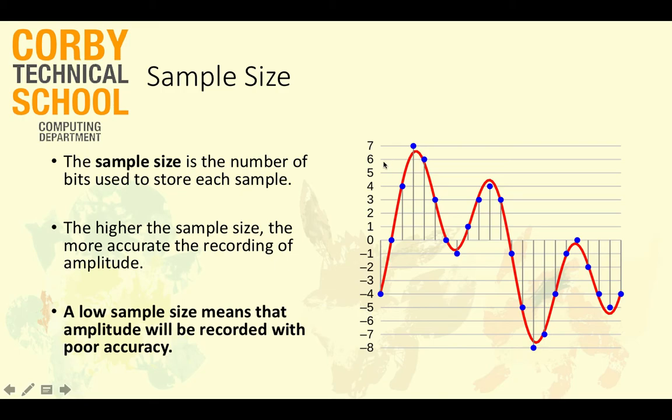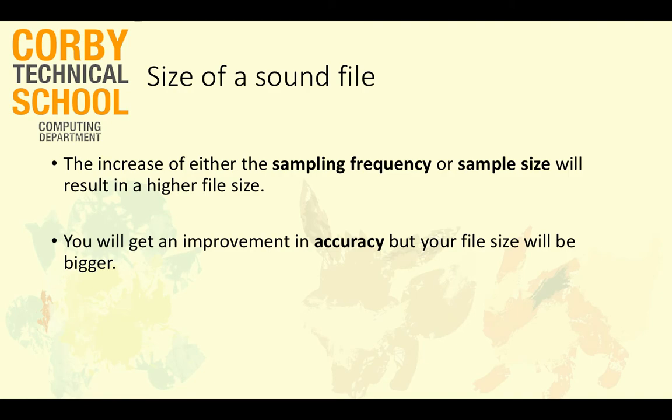But at this point here, when we take this sample, the nearest quantization level is quite far away from where the wave actually is. So this means that we're getting quite a poor representation of the sound. So the higher the sample size, the more quantization levels we have along here, which means the better the accuracy, because we don't have as far to go to get to the nearest level whenever a sample is taken.